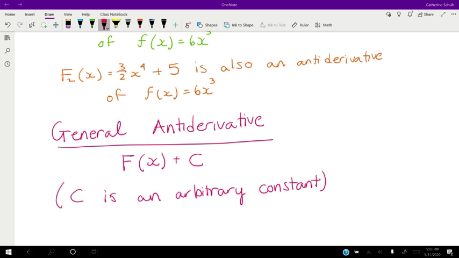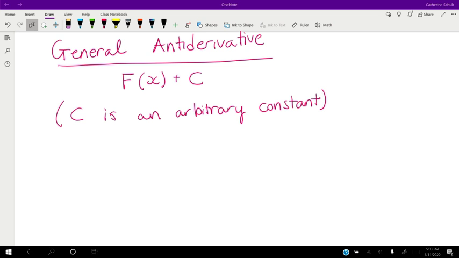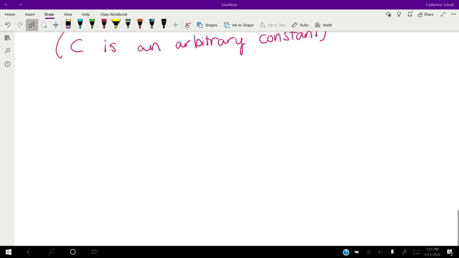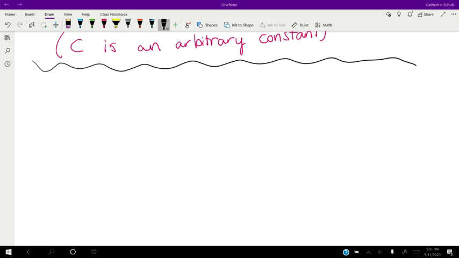Okay. All right, so let's look at some general antiderivatives of all of the functions we've had so far. And it's not going to be an exhaustive list, but let's just practice.